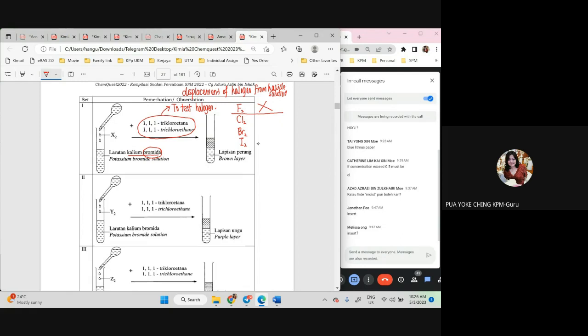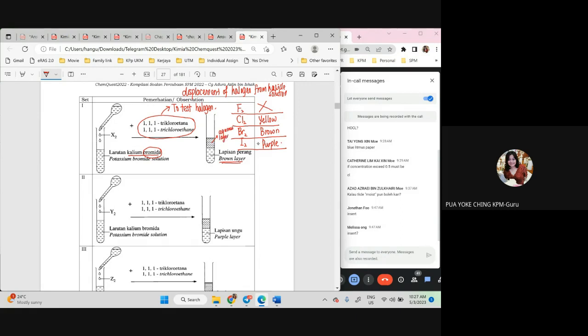Okay. So, warna-warna chlorine, bromine, iodine dalam 1,1,1 trichloroethane ialah chlorine is yellow, bromine is brown, iodine is purple. Dan dia berada di lapisan bawah. Okay, atas ni is aqueous layer.